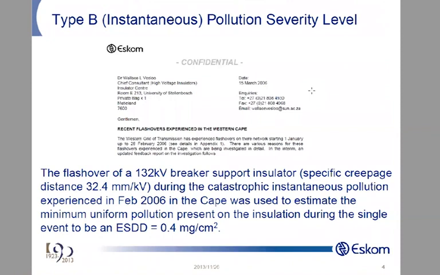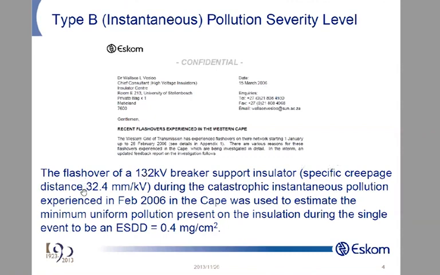You can have beautifully clean, pristine insulators, and then in an hour, when you finish, what's left on the insulator is nothing, because it was a sudden electrolyte boom and there's no ESDD really left. So what we did is that we went and we took the results from a 132 kV breaker.